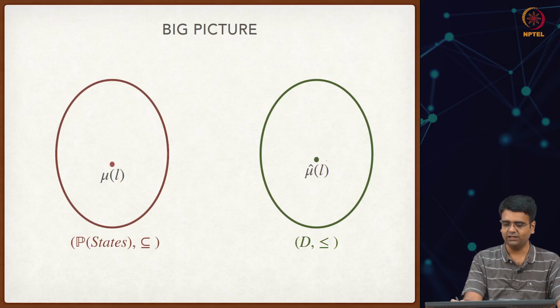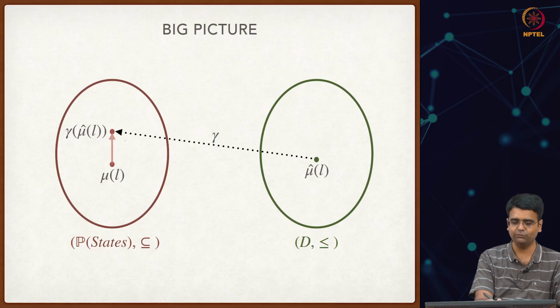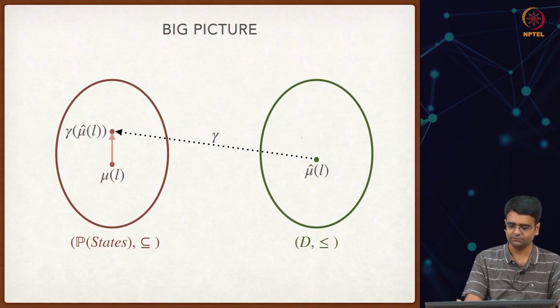As we saw earlier, under some conditions, namely that the abstract domain is a complete lattice, the abstract transfer functions are consistent abstractions and so on, this mu hat of L over approximates mu of L. This means that gamma of mu hat of L is guaranteed to be a superset of mu of L, so you can use this mu hat of L soundly.